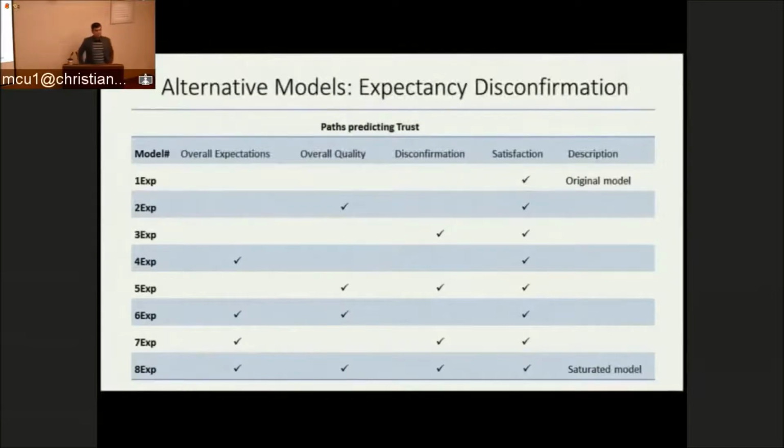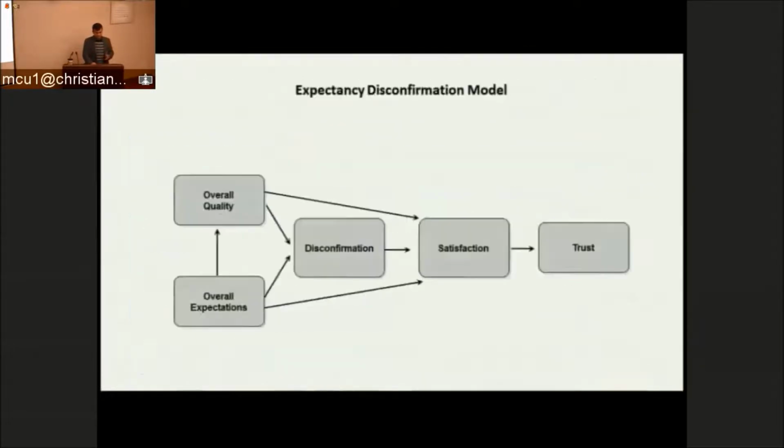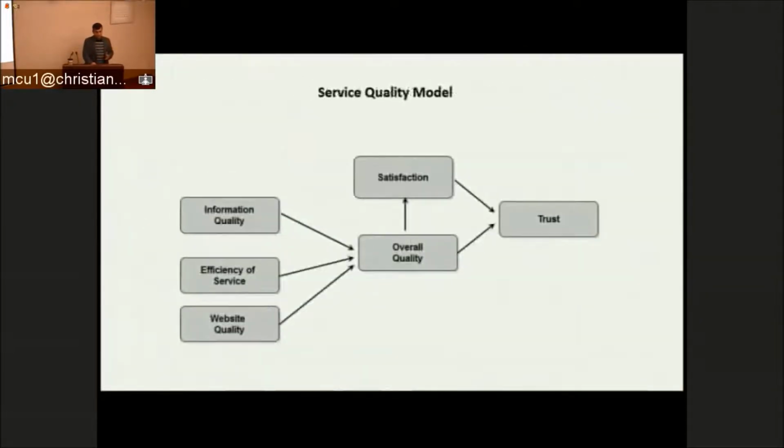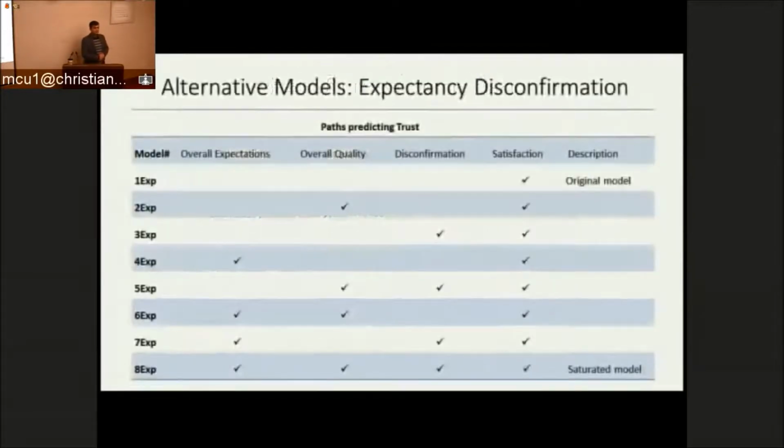What I did was, since we had 4 constructs, and satisfaction always predicts trust, for the three other constructs I would take all possible subsets. So I'm going to create all different paths, all combinations of different paths. Okay. So this is where I'm going a little bit off theory, a little bit atheoretical, in the sense that I'm just trying out all the different structures possible.